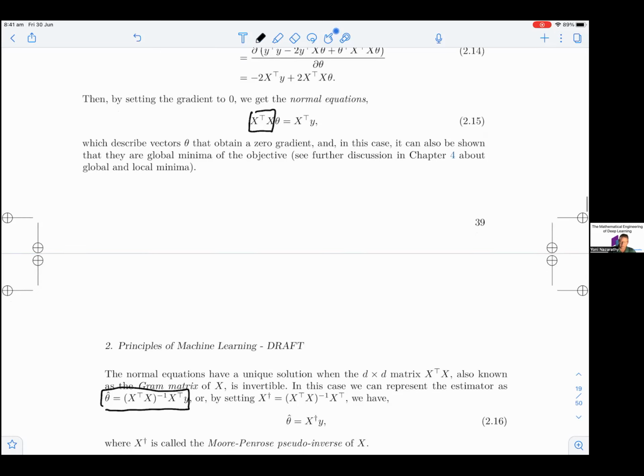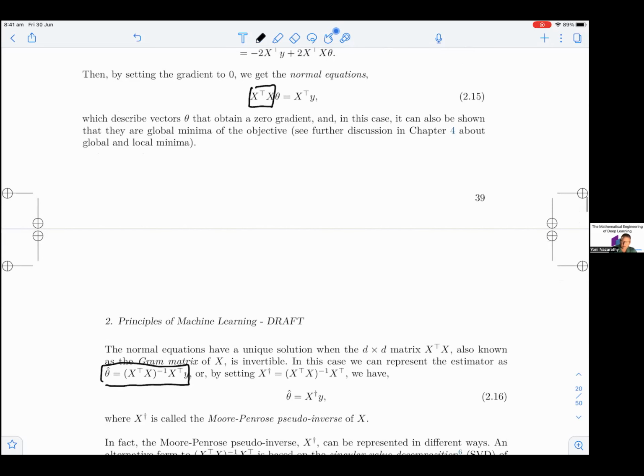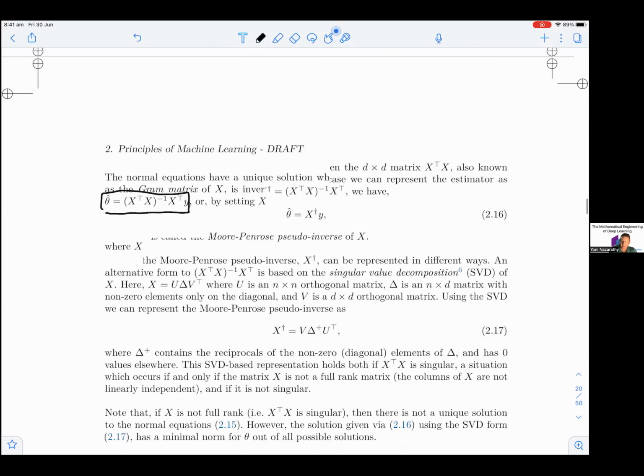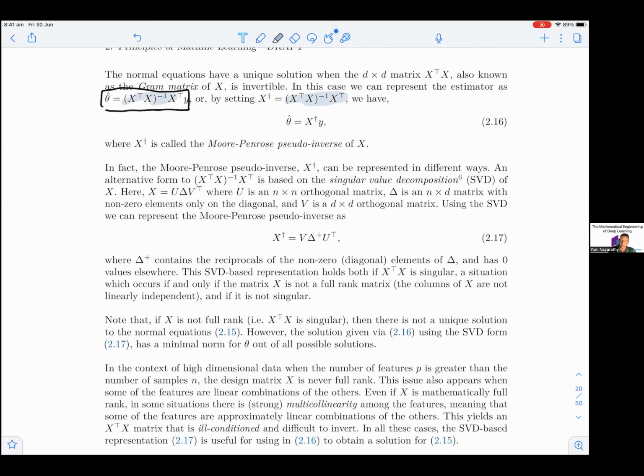Or if we set X dagger as this thing, then we have that theta hat is X dagger y, where X dagger is called the Moore-Penrose pseudo-inverse of X. So far this is for the nice case where X transpose X is non-singular, invertible, and we'll speak more about this now.